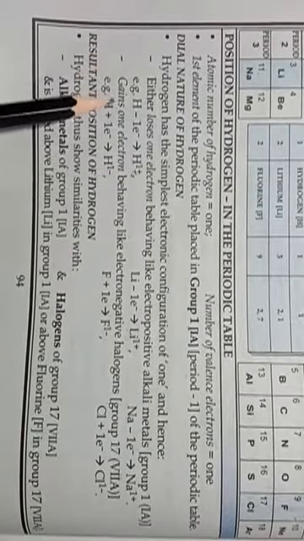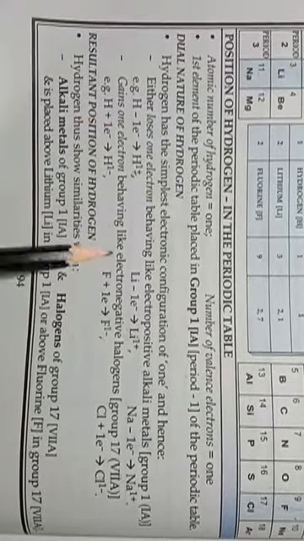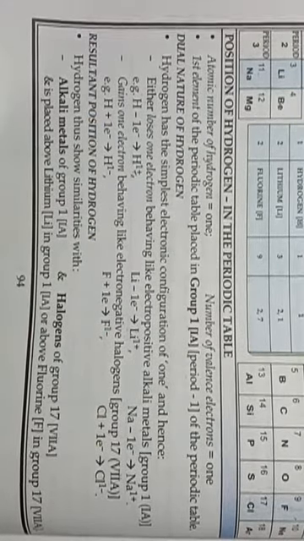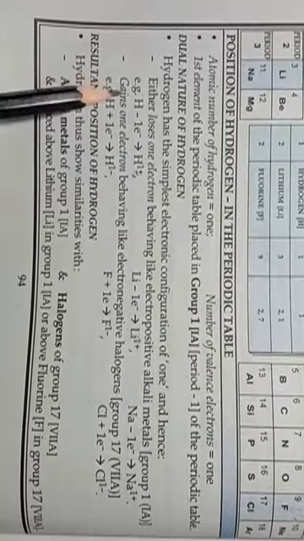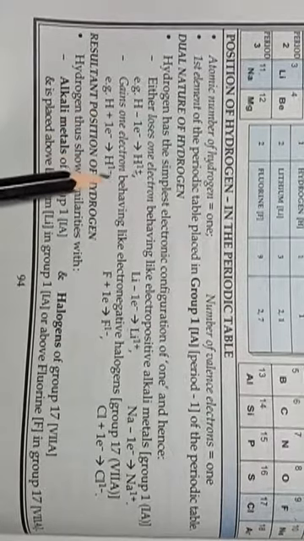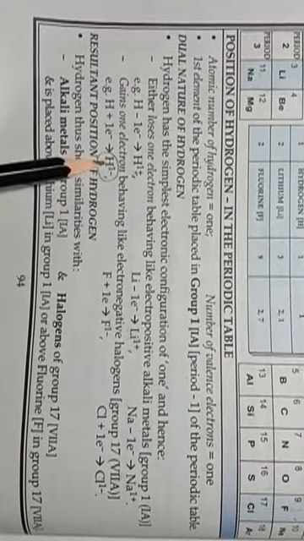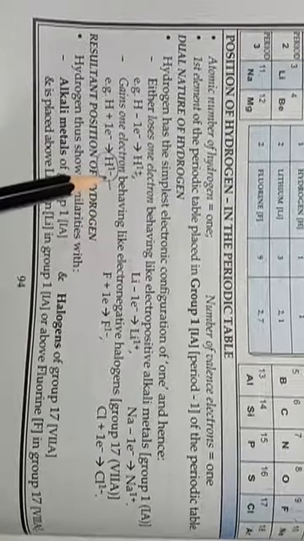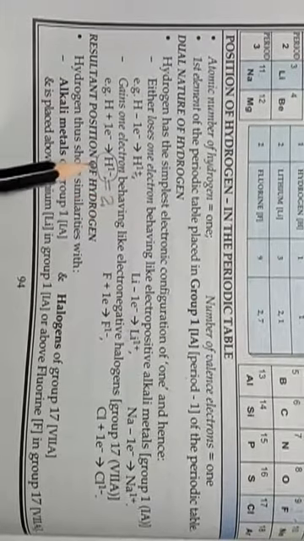Second point: gains 1 electron, behaving like electronegative halogens, group 17 elements. By gaining 1 electron, hydrogen converts itself into hydride ion, which has total 2 electrons.